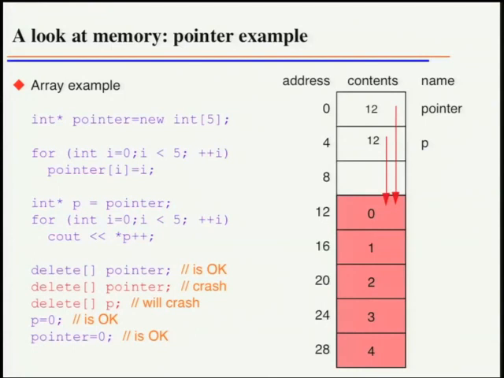Then we say p should point to the same location. So p will also point to this location. Now we can manipulate the pointers and step p through these different elements. But it's always the same thing. We have 2 pointer variables, and each of them points to some location in memory. Okay?